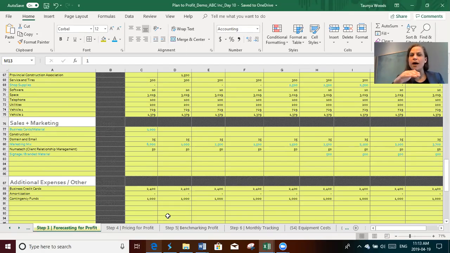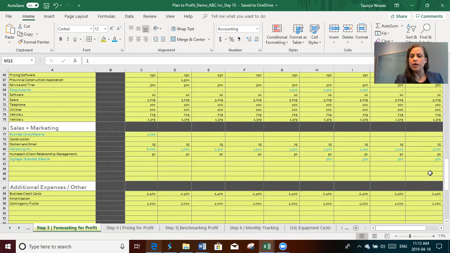You might be buying spring patio furniture, summer patio furniture right before Christmas, and you might need to invest heavily in that outside of what you're actually receiving from your cost of goods in these respective months. So I just want you to be able to budget for that there.